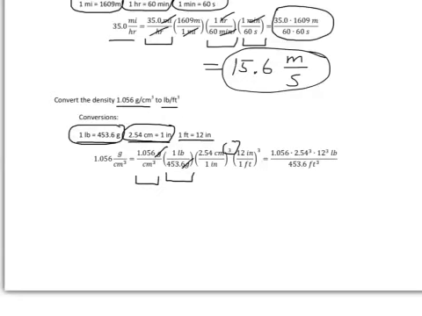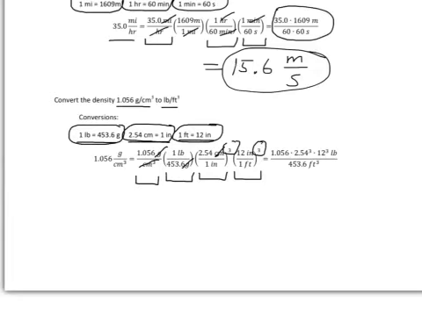So my conversion factor has to be 2.54 centimeters over 1 inch to the 3rd power. When that happens, the 3 centimeter units here will cancel. And finally, for the last, I have 1 foot equals 12 inches. And again, now I'm going to have cubic inches in the denominator, and I have to apply that 3 times. And so the whole conversion factor again has to be cubed.